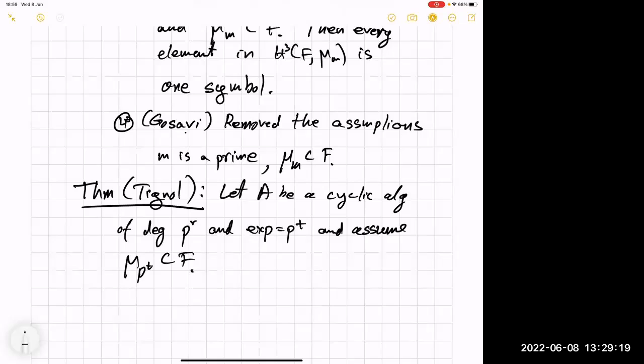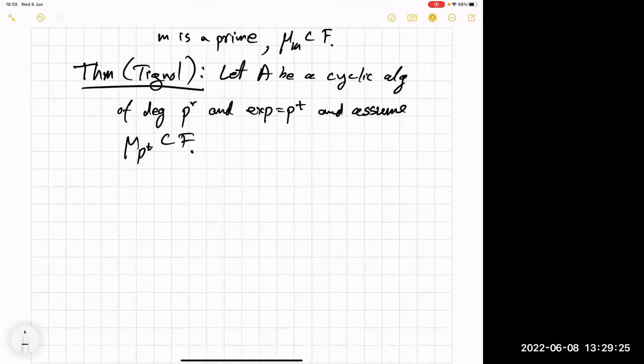So this assumption tells us, at least by the Merkurjev-Suslin theorem, that A needs to be a product of symbol algebras of degree p^t. And the exact number he got is the following: the symbol length of A is at most p^(r-t).